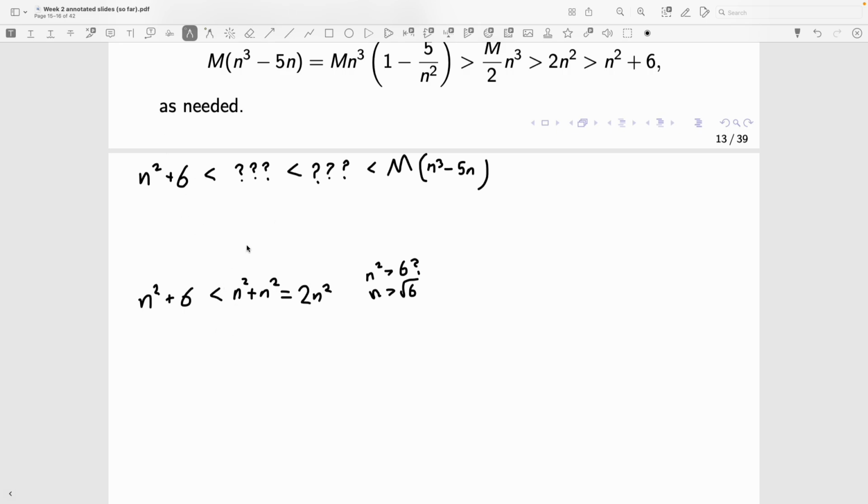So now we have one of our simplified expressions. That's going to be n squared plus 6 is less than 2n squared is less than something is less than this thing with m.